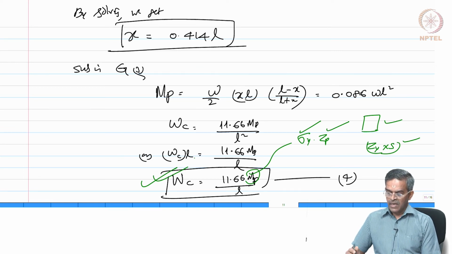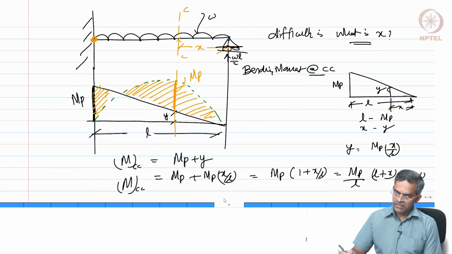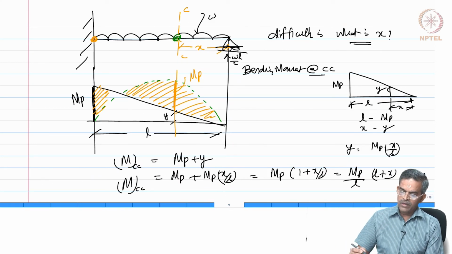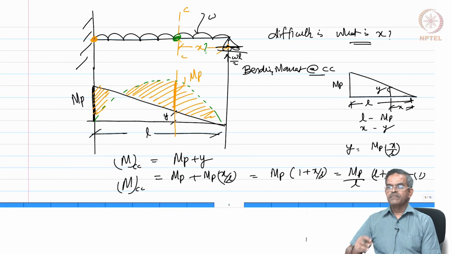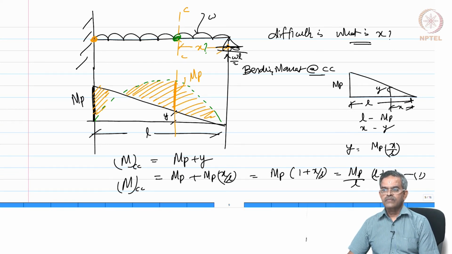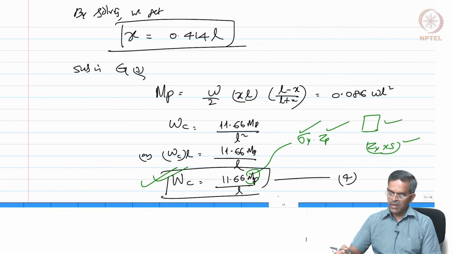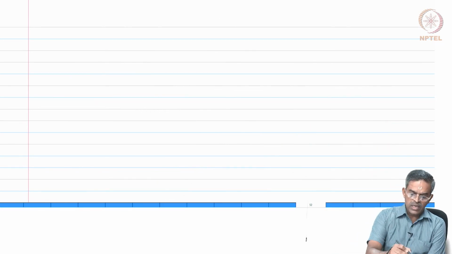But in this case, I could locate the section, but I do not know where it will happen. So, I found that out and I could locate this. Let us try to solve the same problem using the kinematic theorem.